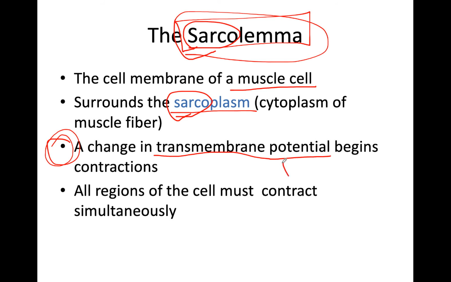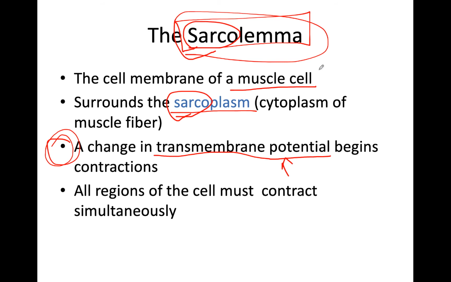This is a fancy schmancy word for voltage. Now, if you recall anything from the nervous system in anatomy or in the PowerPoint that I posted, in order to get a skeletal muscle to contract and move, you need to send it a signal from your brain through a neuron, and that's going to be a voltage signal.